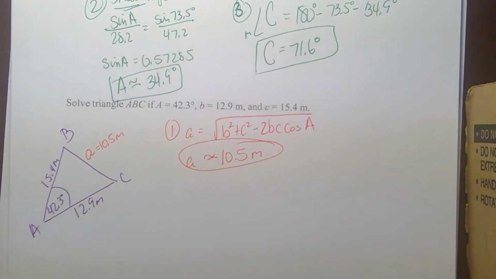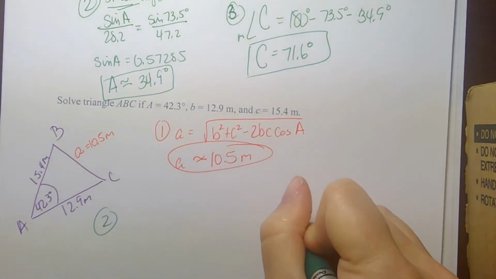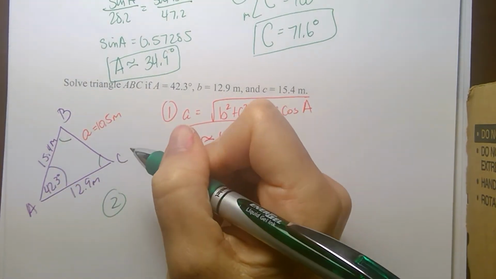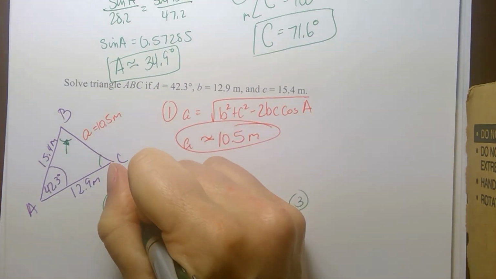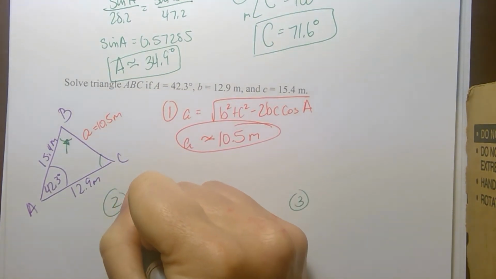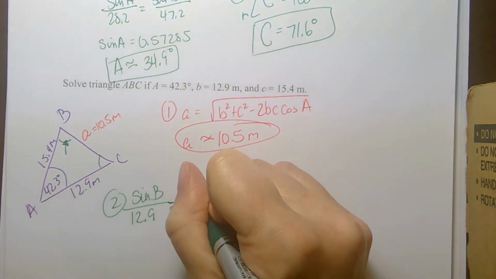And then once I know the length of that side, I'm going to switch and find the smaller of the two angles. My second step is to find the smaller of those two angles. Which one's smaller, B or C? Well, the smaller angle is opposite the shorter side, so my smaller angle is angle B. Because I chose the smaller angle, I know it is acute.